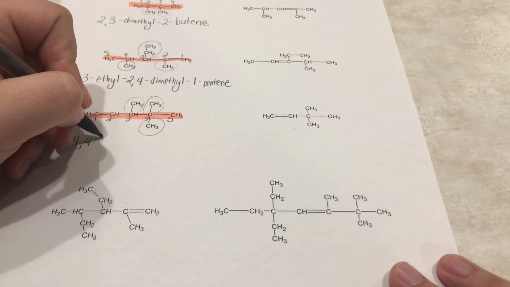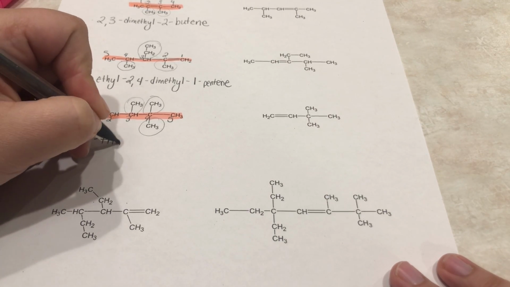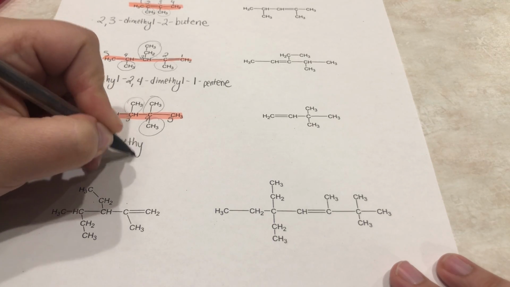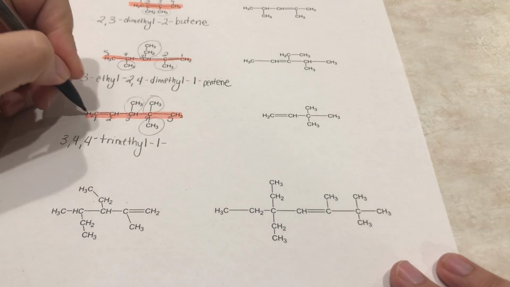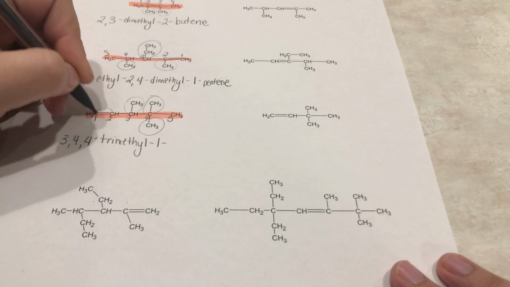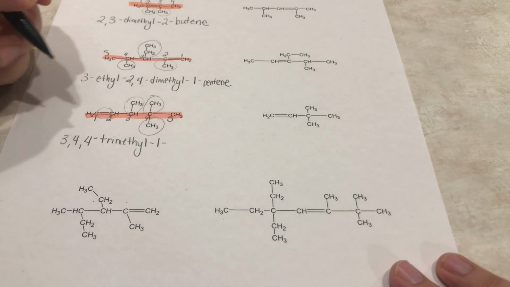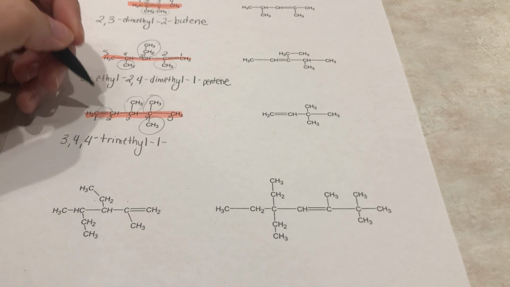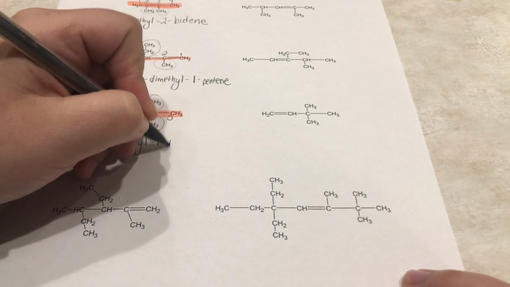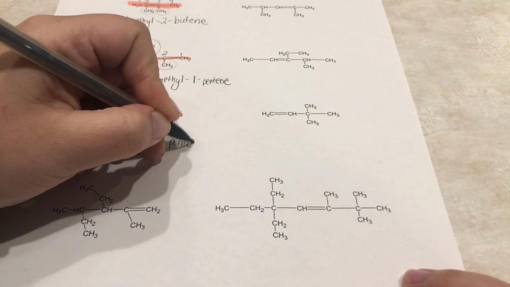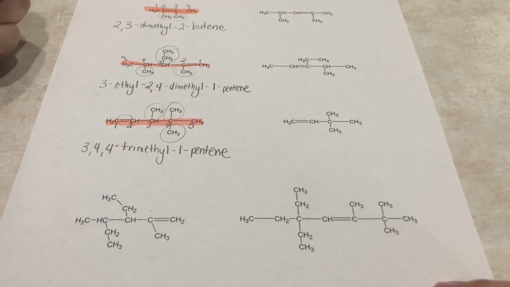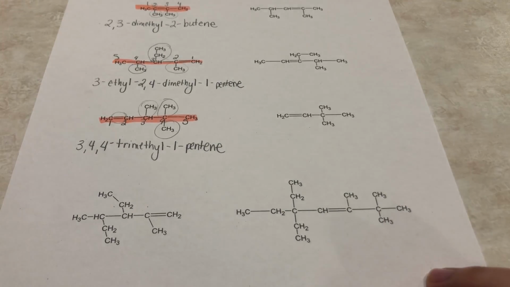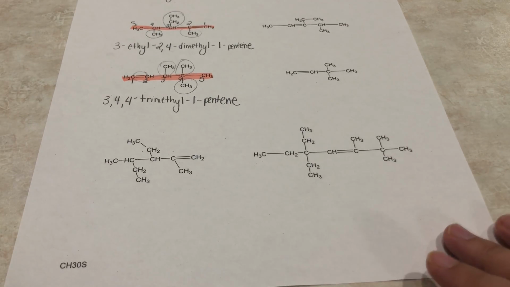Since I have 3 methyls, this is trimethyl. 1, because the double bond comes after the 1st carbon. The prefix for 5 is pent. So 3,4,4-trimethyl-1-pentene. That's an alkene.